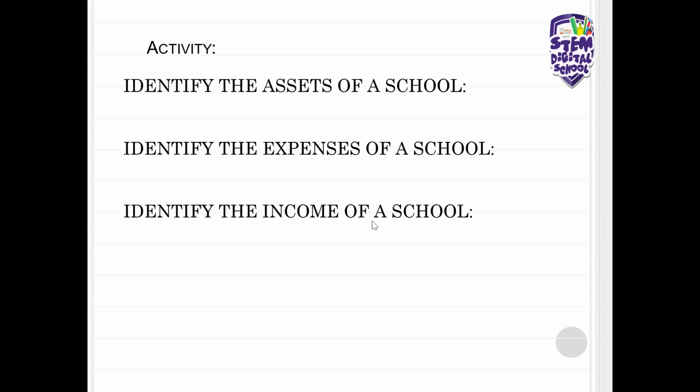Yes, of course. All the chairs and the tables that will be in every classroom, that is going to be assets. Another thing will be, for instance, let's say the school has some school buses or maybe a car. So vehicles are going to be an asset for the school. The building itself is an asset as well for the school.